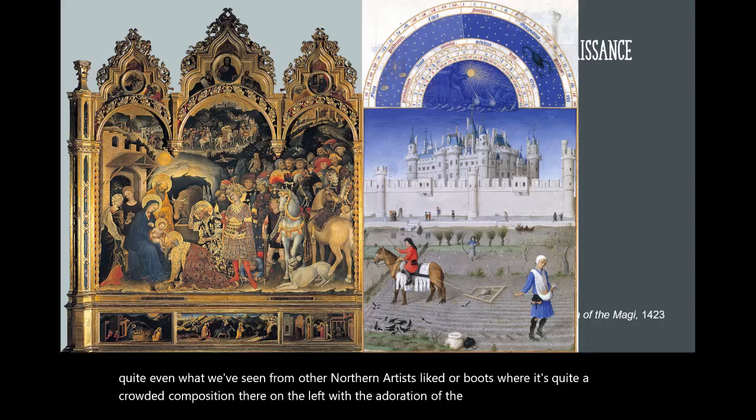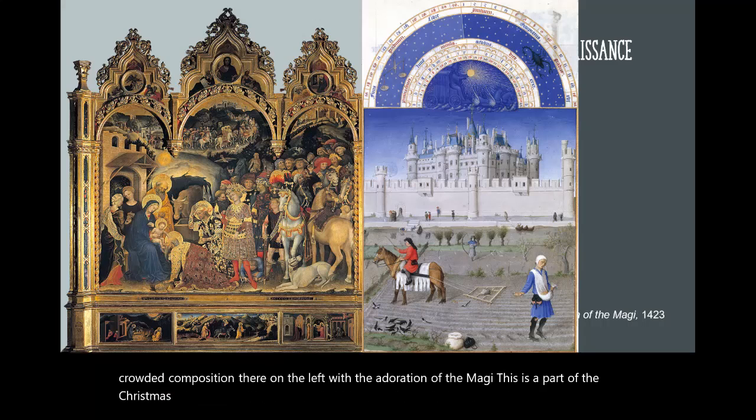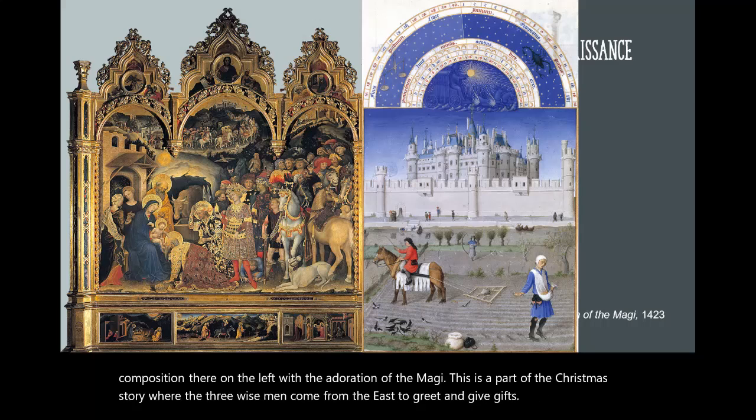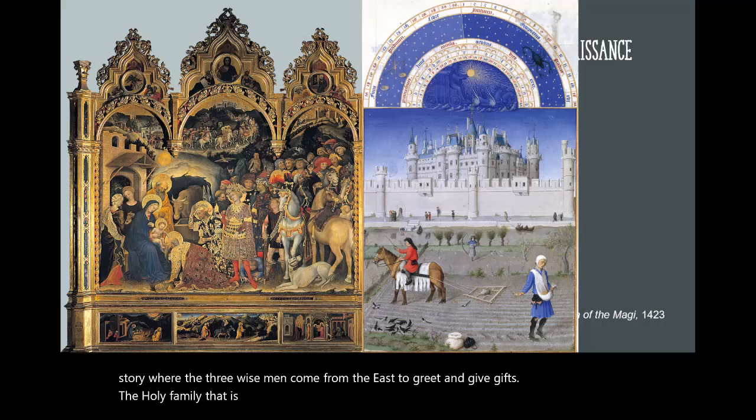This is a part of the Christmas story, where the three wise men come from the east to greet and give gifts to the Holy Family, that is Mary, Joseph, and the baby Jesus that you see there on the bottom left. It's the idea of giving the viewer something to pore over.